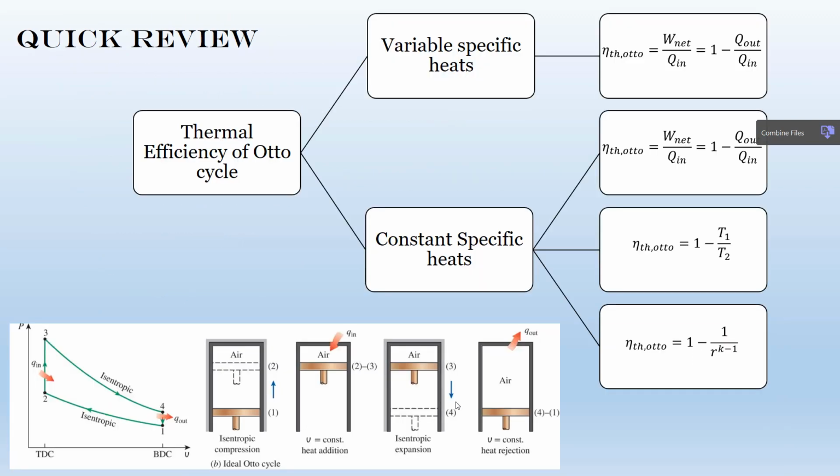To calculate the thermal efficiency of Otto cycles, there are two options. If you assume that we have variable specific heats, then you are only allowed to use this equation to find the thermal efficiency of the Otto cycle, which is W net over Q net, or 1 minus Q out over Q in.